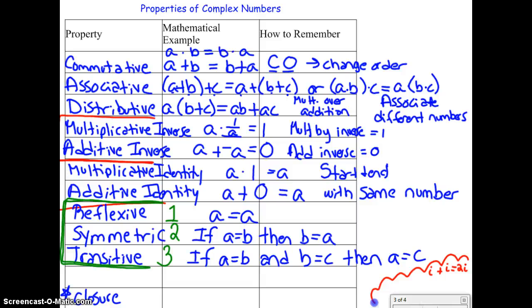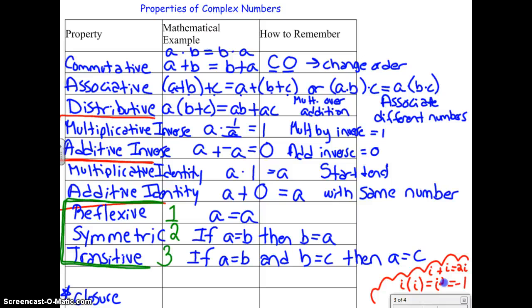The interesting part, though, with imaginary numbers is that if I take one imaginary number and I multiply it by another imaginary number, i times i gives me i squared, and i squared is a real number because it's equal to -1.